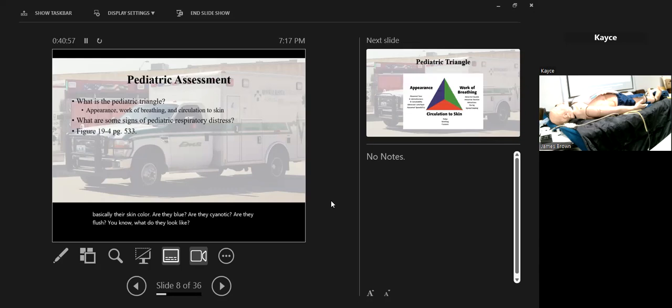What are some signs of pediatric respiratory distress? You look on 19.4, excuse me. Their nostrils, skin color, large nostrils, abdominal muscles. You'll see a lot in children.